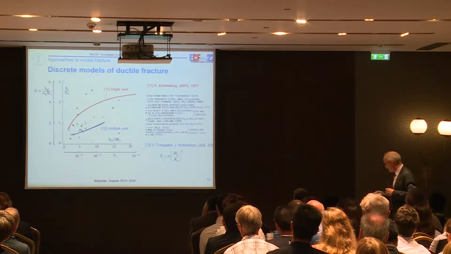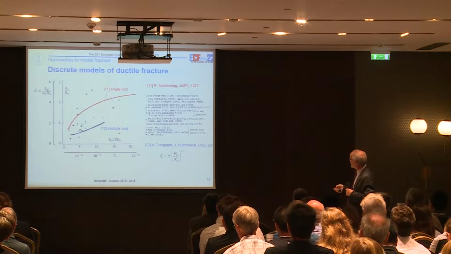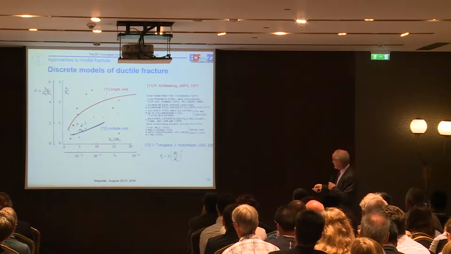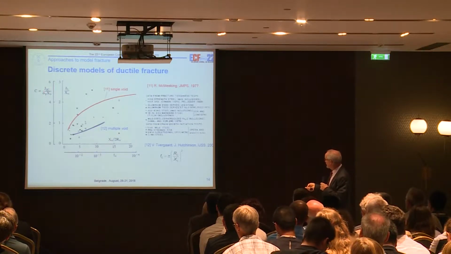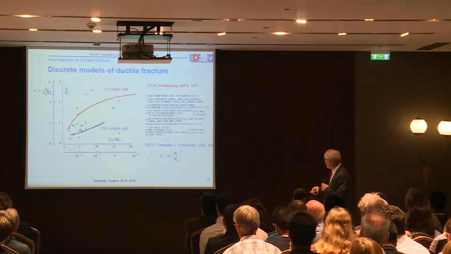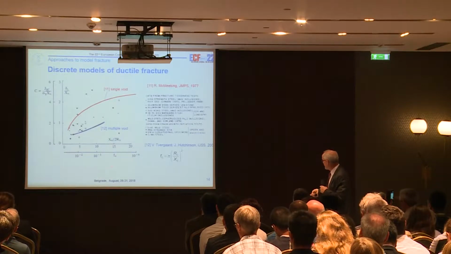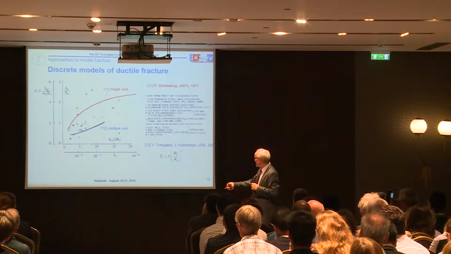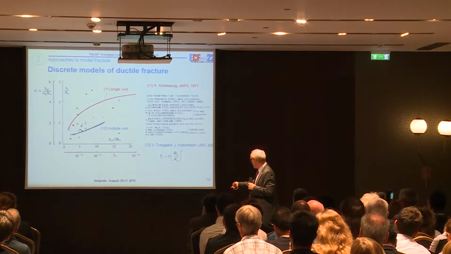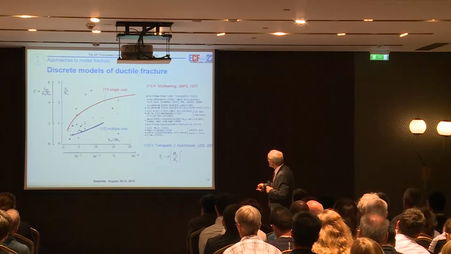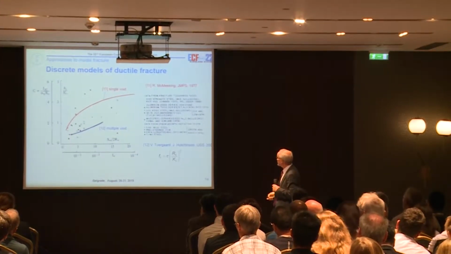And the outcome of McMeeking is this coefficient C, a normalized fracture toughness, versus the distance x0, or we can recalculate it in porosity values. So here is high porosity, big voids, and here is low porosity, which gives this dependency.